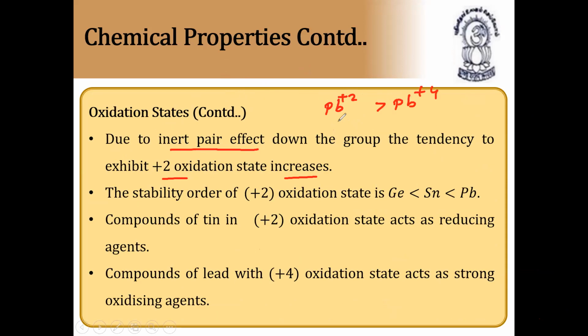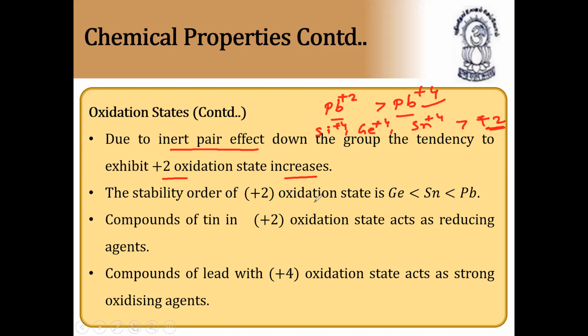However, germanium plus 4 state is more stable. Tin also plus 4 state is more stable. And silicon also plus 4 state is more stable than plus 2 state. Whereas lead alone is more stable in plus 2 state than plus 4 state.